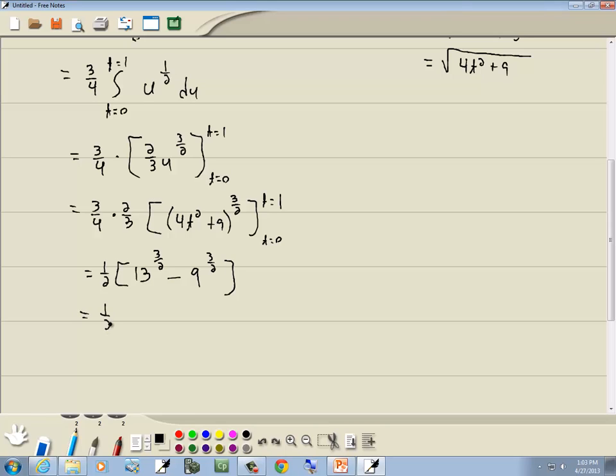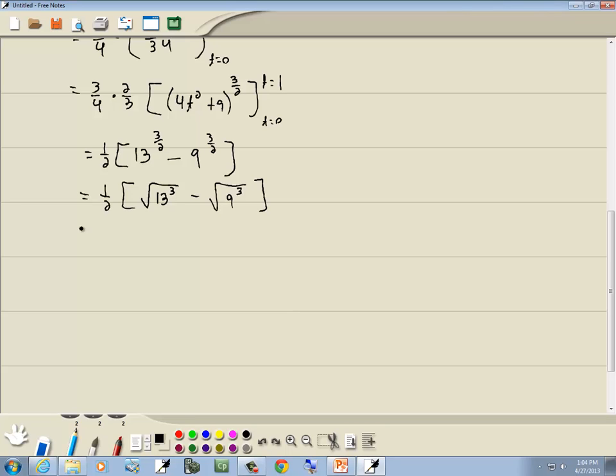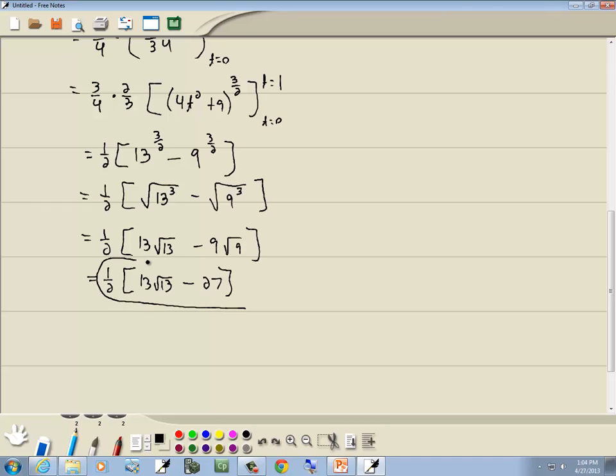Now I can put those back in radical form, the square root of 13 cubed minus the square root of 9 cubed, which would give us 1/2 times (13 square root of 13 minus 9 square root of 9), which gives us 1/2 times (13 square root of 13 minus 27), since the square root of 9 is 3. And that's our mass.